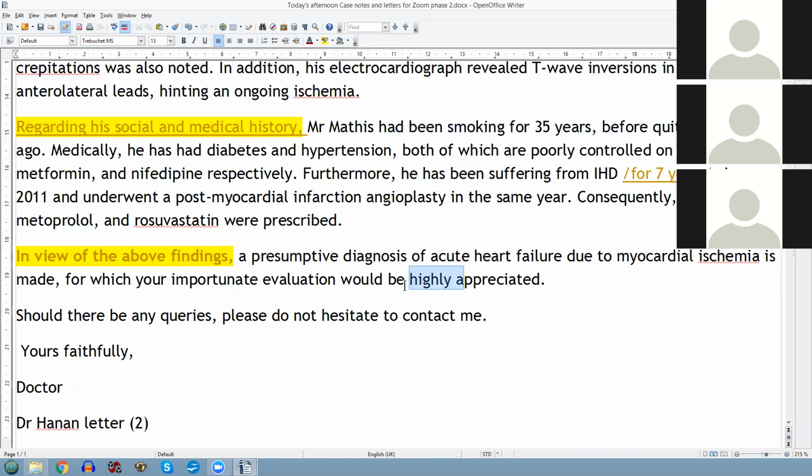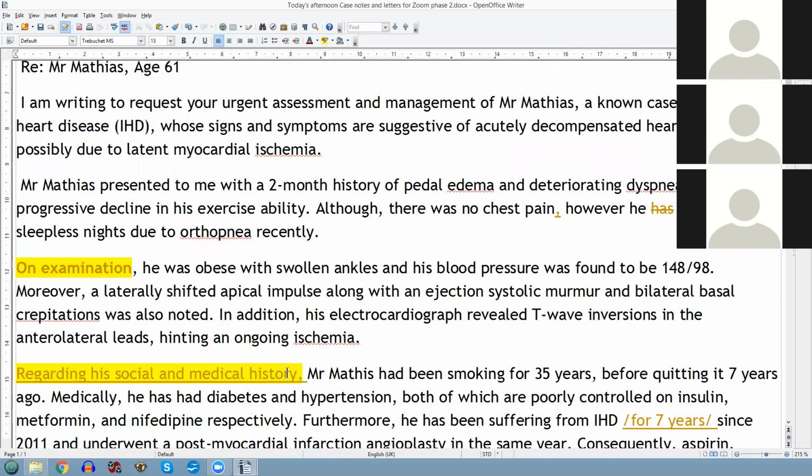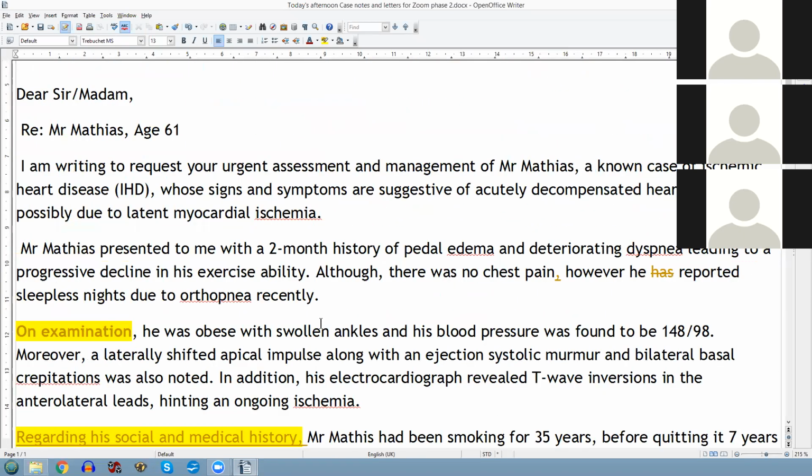That doesn't mean what you think it does. And highly appreciated. Why do people keep using kindly, highly, these adverbs? It's a medical professional, and they are doing a job for which they are paid. They're not doing you a personal favor. You don't have to say this. Okay, but that aside, there's some good points in this.